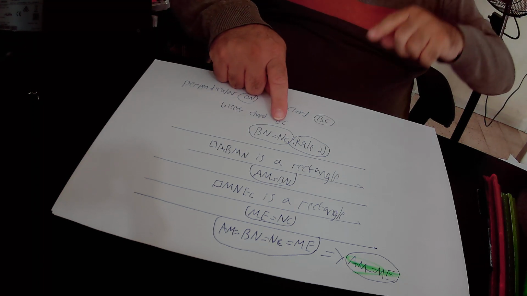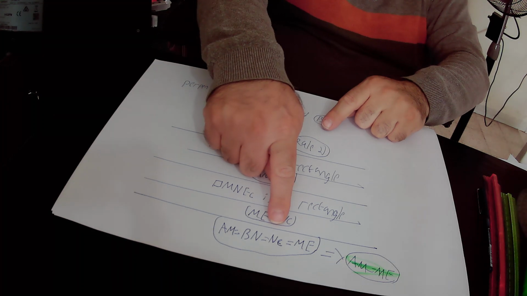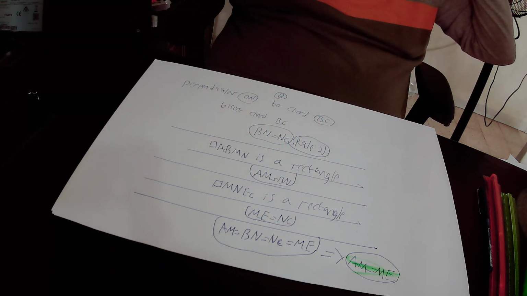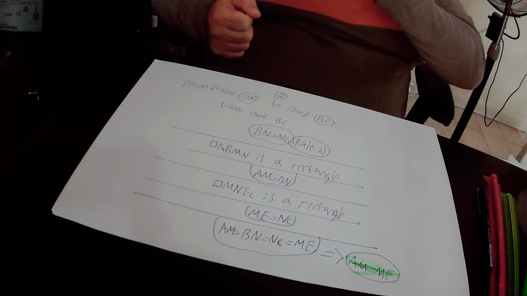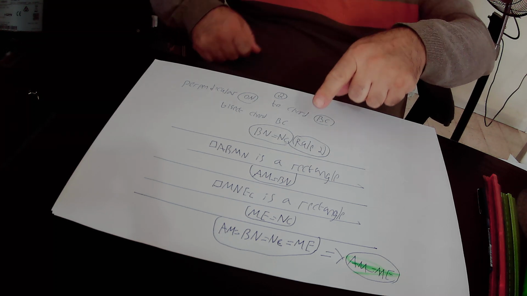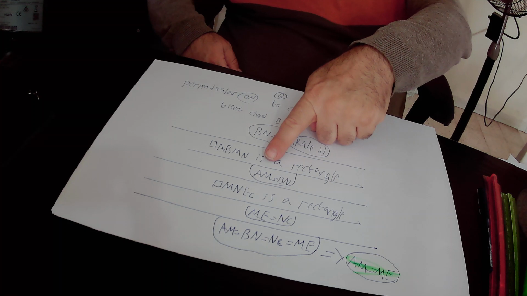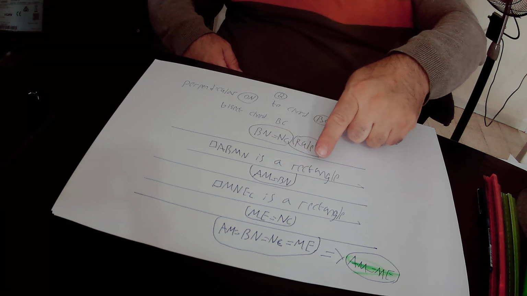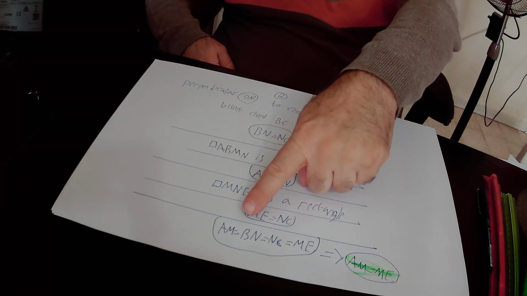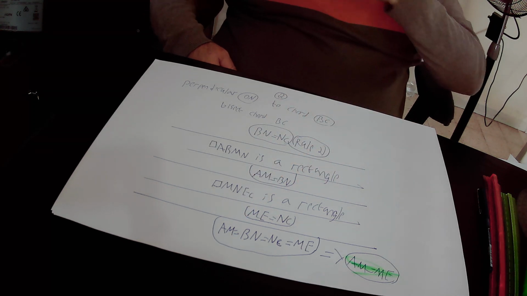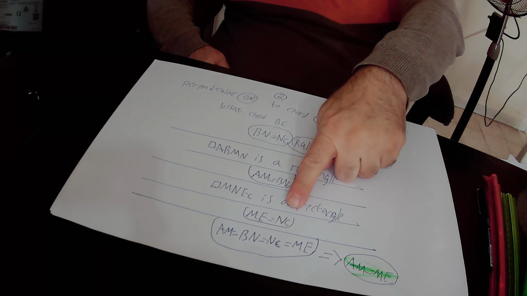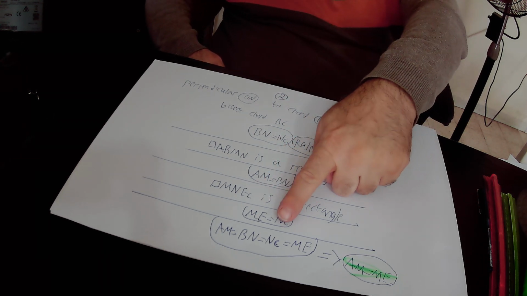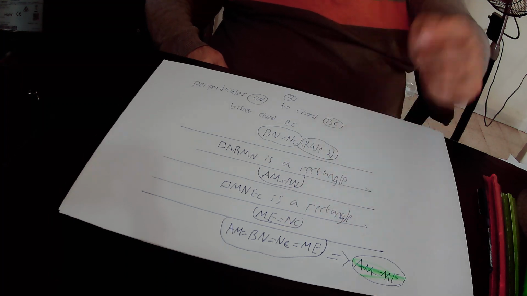According to rule number 2, we found out that BN equals NC. And according to the rule that the opposite sides of a rectangle are equal to each other, we found out that BN equals MA, and that NC equals ME. So we can write here that BN equals MA and NC equals ME.